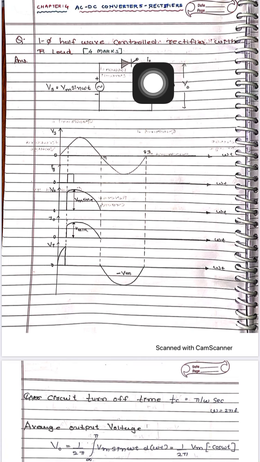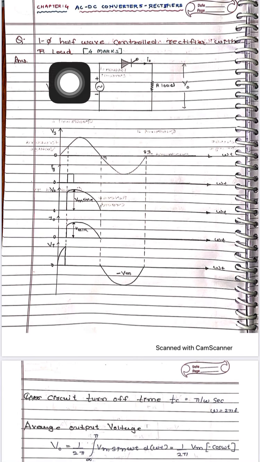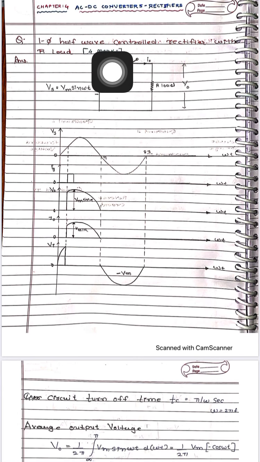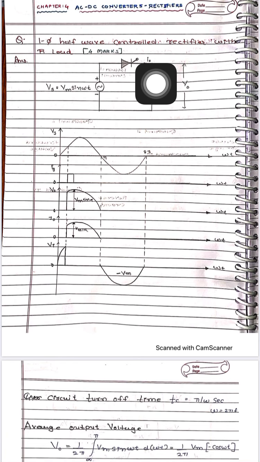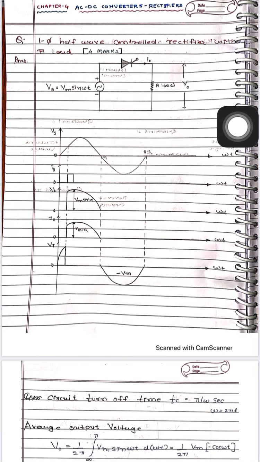The gate pulses can be changed according to our requirements. Second, it is a half controlled rectifier, meaning the output we get is controlled in only half the range. The other half range is 0, or uncontrollable.